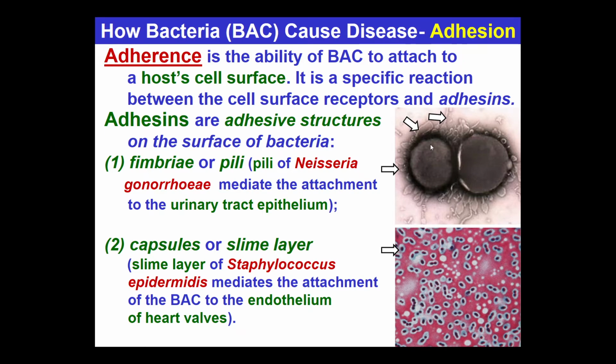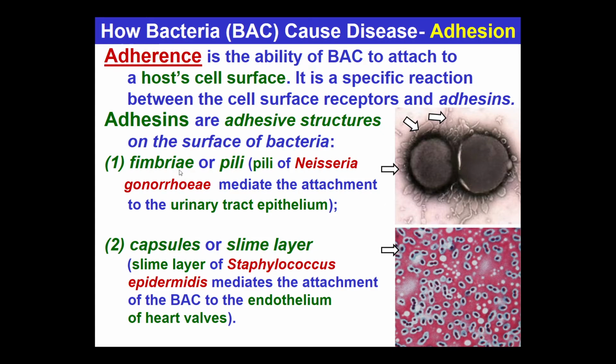Here in the photograph you see two cells attached to each other, Neisseria gonorrhoeae diplococci, and every cell is surrounded by filament fibers. These fibers consist of protein and are named pili, adhesive pili. These fibers attach bacteria to the epithelial cells of the urinary tract, establishing gonorrhea.